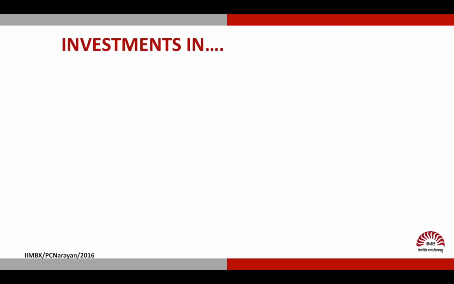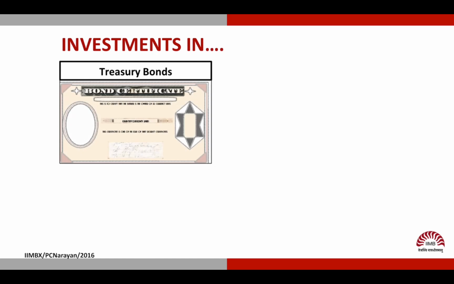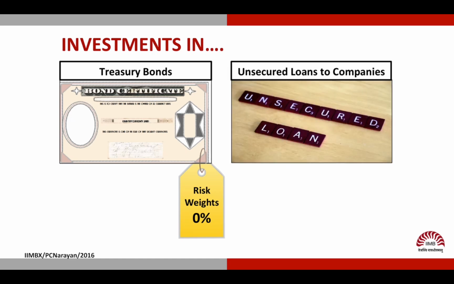Example, investments in treasury bonds or government securities carry risk weight of 0%, whereas unsecured loans to companies would carry a risk weight of 100%. And there are several other asset classes which would lie between the 0% and 100%. We will look at how to compute risk weighted assets a little later in this session.